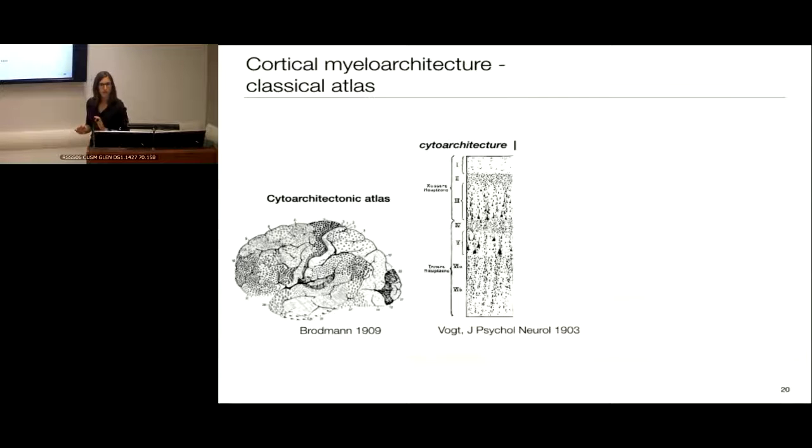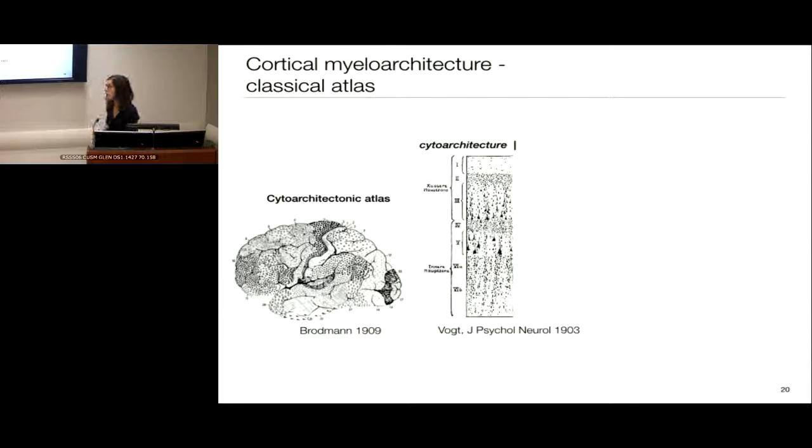So you're probably not all familiar with the Brodmann Atlas. No? Okay. So the Brodmann Atlas is really the most popular atlas that people use to know where you are in the brain. It's based on the cytoarchitecture of the brain. So basically, a scientist in 1909 really went through histological sections and looked at what type of cells were there, how they were organized, and based on that, started to delineate boundaries between different cortical areas based on their structure, but also this was supposed to reflect their different functions.